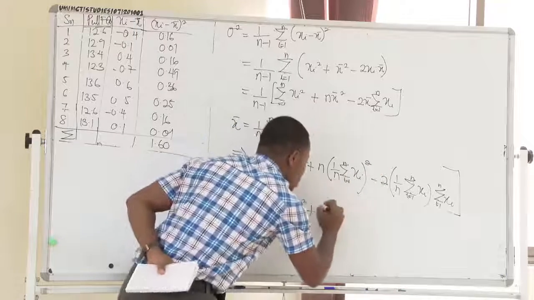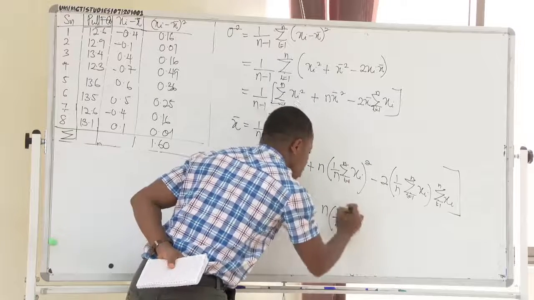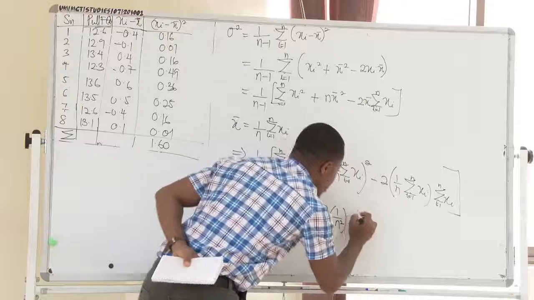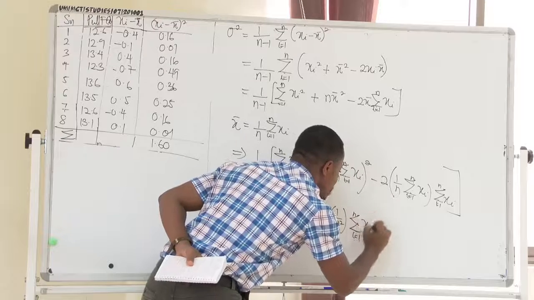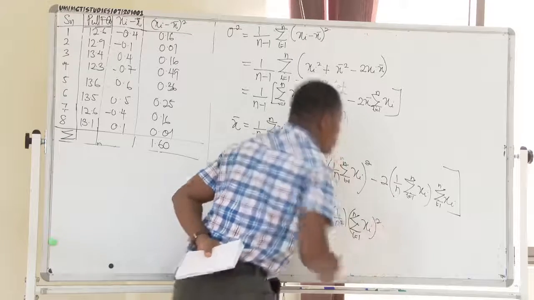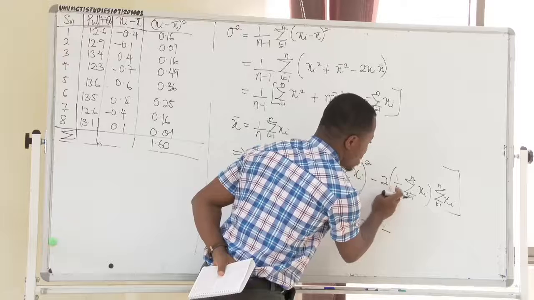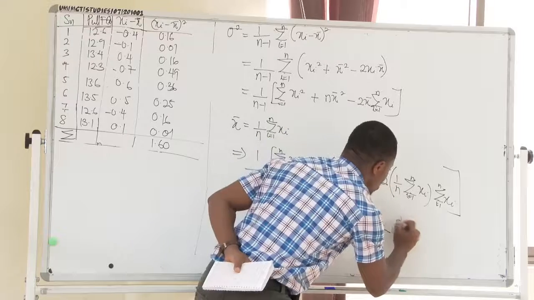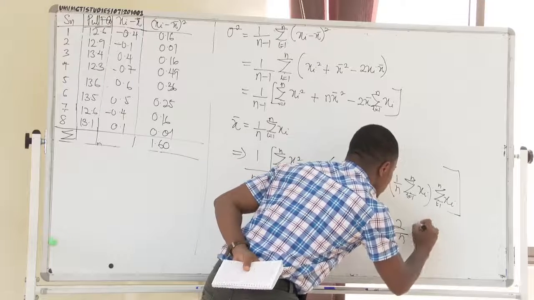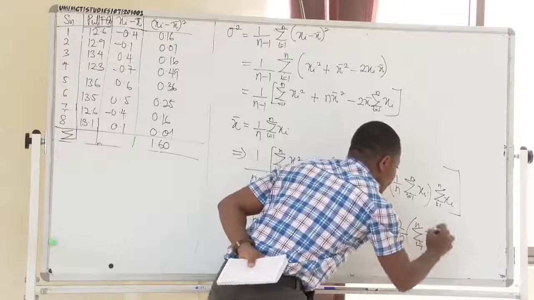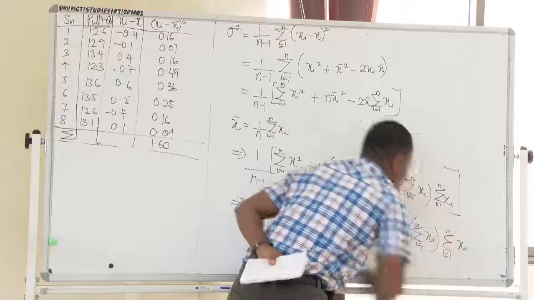And bringing this out, this is going to be n times 1 over n squared, because this square will still remain, and the rest follows, that is summation of xi. Now remember, all this is in what? Squared. Okay, don't forget that. The minus. Now with this aspect too, we can bring this constant out. So this becomes 2 over n, then summation of i equal to 1 to n of xi, and we also have another summation of xi as a result.